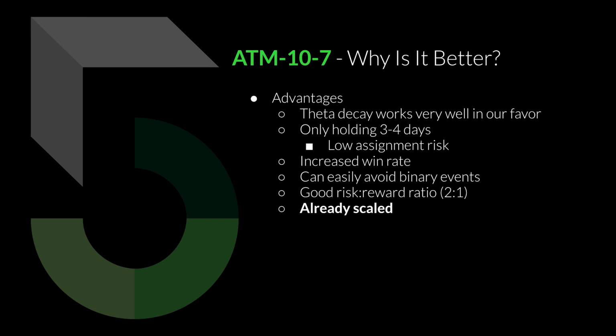You're already making $90 instead of $9. And also, as we're going to see, the catastrophic loss will be much lower compared to an iron condor. And we'll take a look at that once I go through all the results in the next upcoming video. But these two that are bolded right here are the two main things that had me concerned with the iron condor strategies. And I think those have been solved in this iron fly strategy.